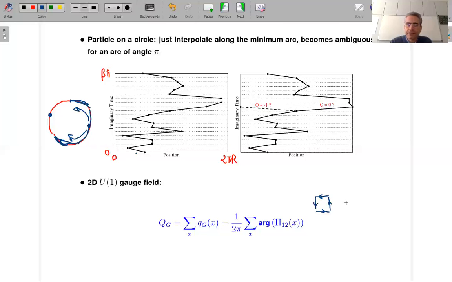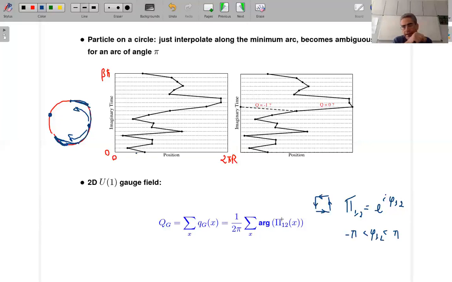I mean, the plaquette Π12 can be written as the exponential of a real phase, where usually this φ12 is taken between -π and π, okay, which is the meaning of this arg function.